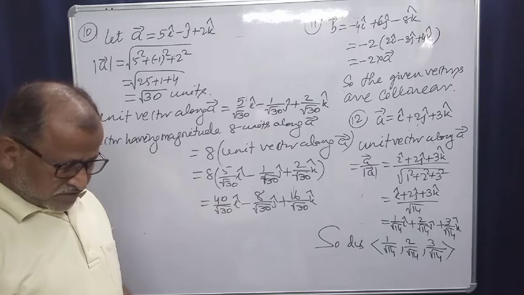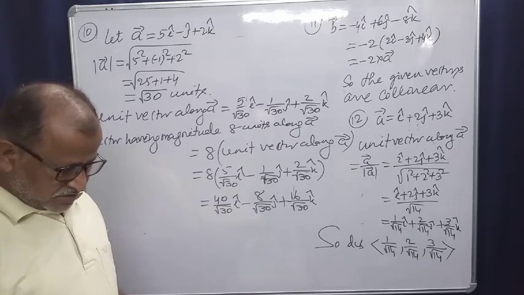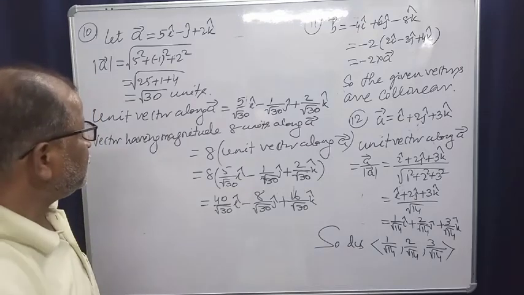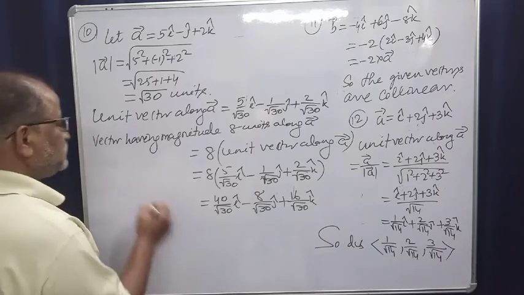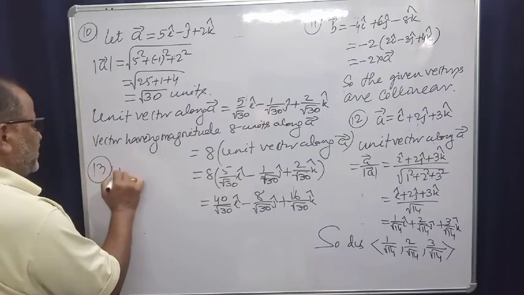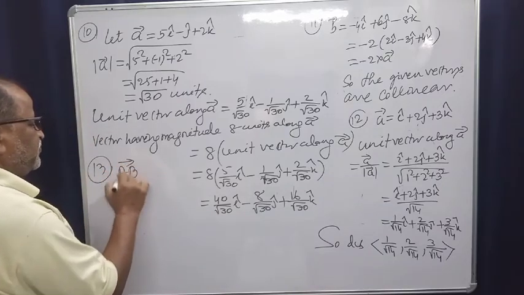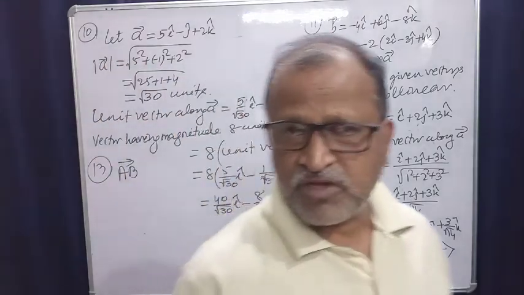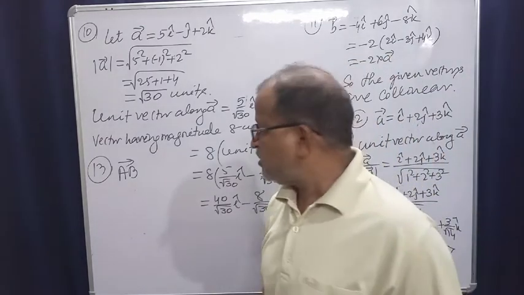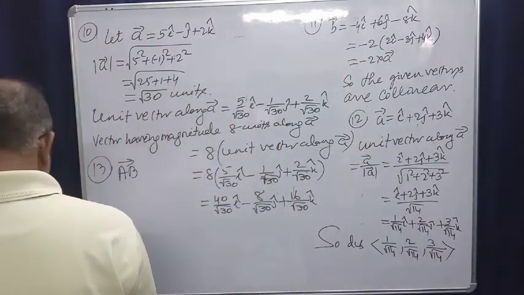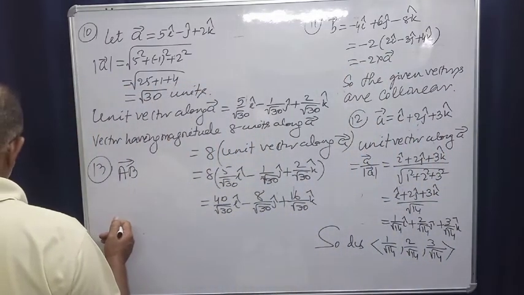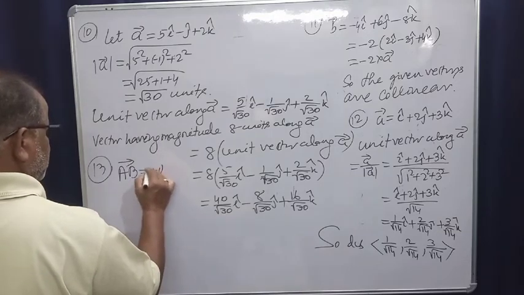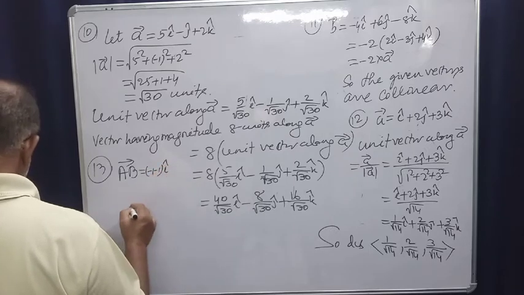Find the direction cosines of the vector joining the points this and this, directed from A to B. So first find out the AB vector. x2 minus x1 i cap plus y2 minus y1 j cap plus z2 minus z1 k cap. Suppose AB vector will be what? Yes, 1 minus (minus 1) i cap, right?